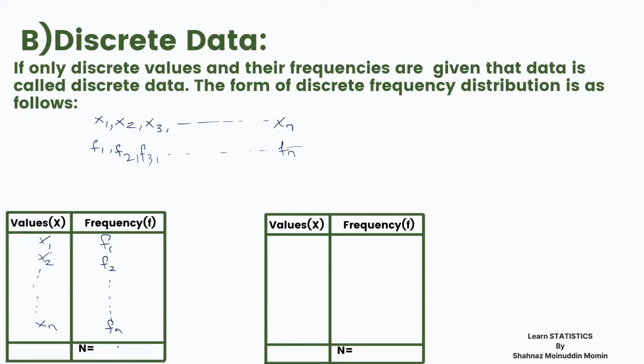Here n is the sum of frequencies, summation fi. Here the letter summation is denoted by Greek letter sigma.